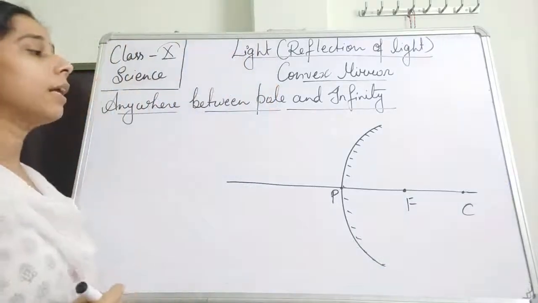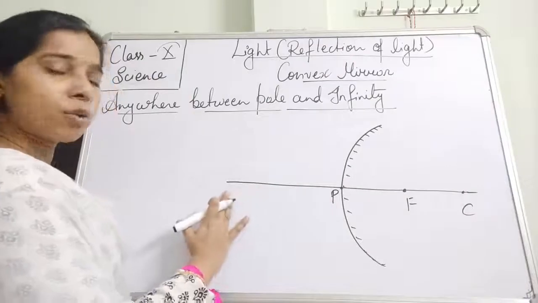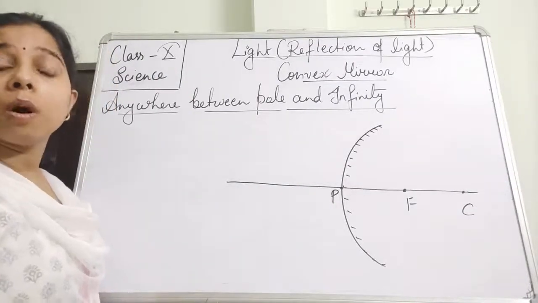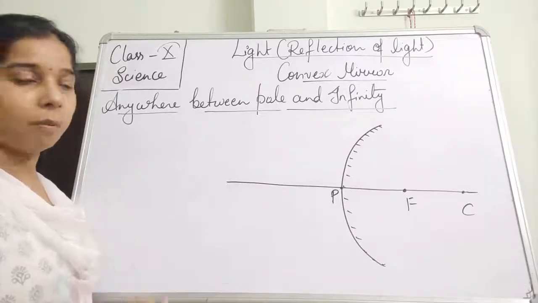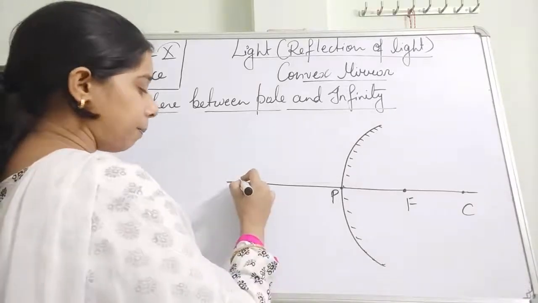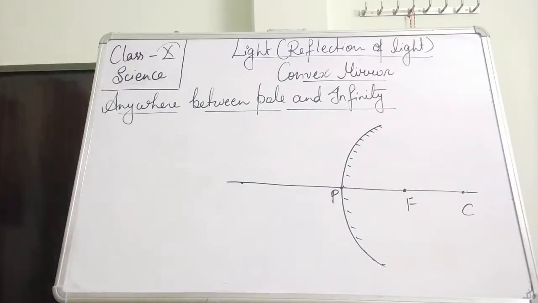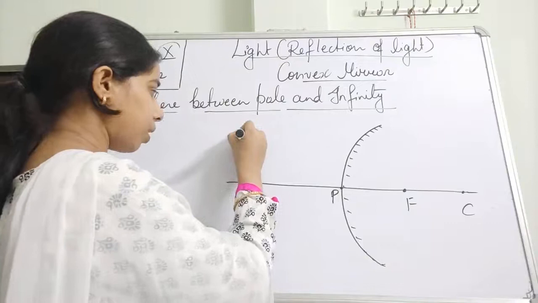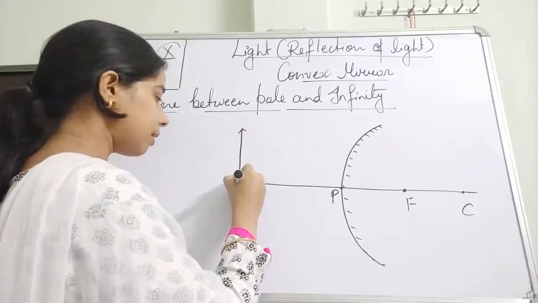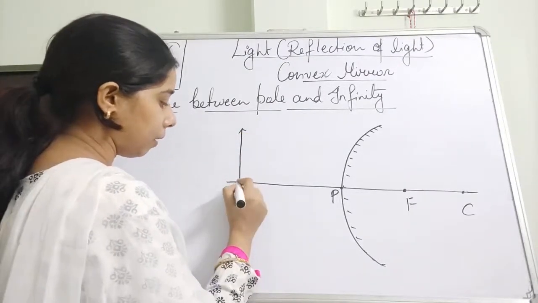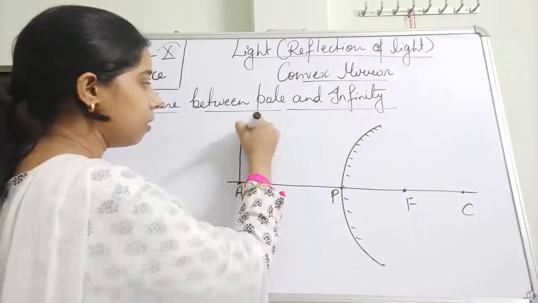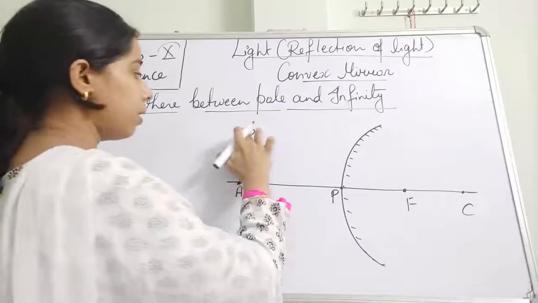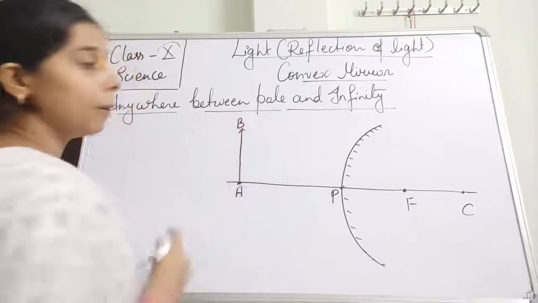Here it is saying that between pole and infinity, wherever you keep the object, you will form the same kind of image. So suppose at this place we take an extended object, that is AB. This is A, and this is B.